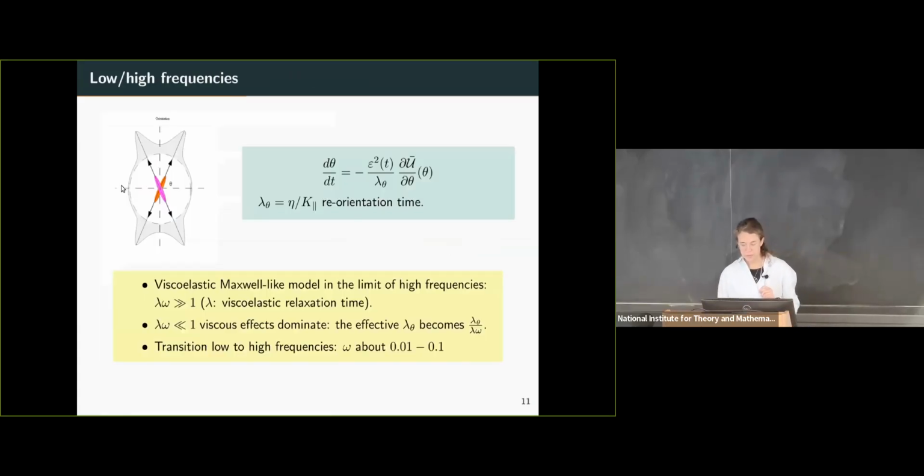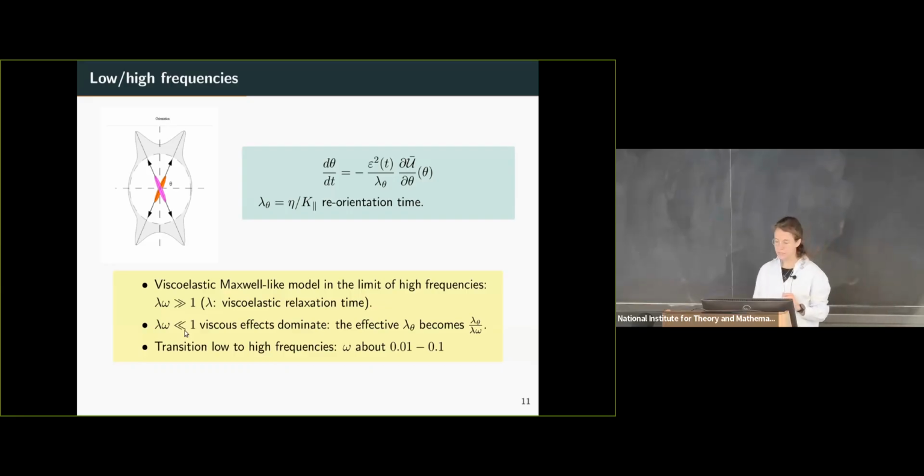There is also another important issue, that is the regime of low and high frequencies. In their mechanical study, they wrote a viscoelastic Maxwell-like model in the limit of high frequencies, where omega is your frequency and lambda is the viscoelastic relaxation time pertinent to the cell.